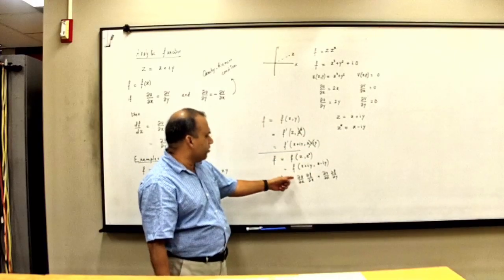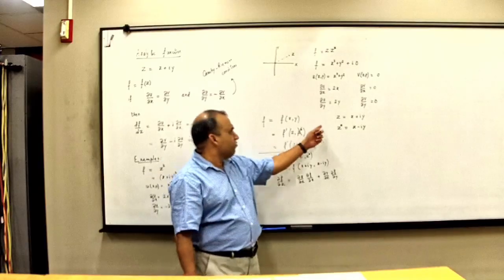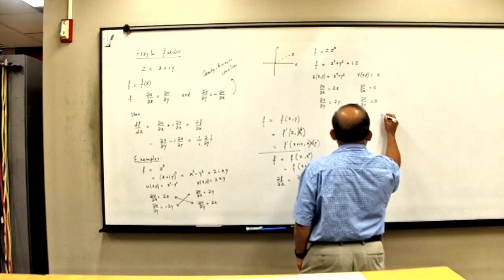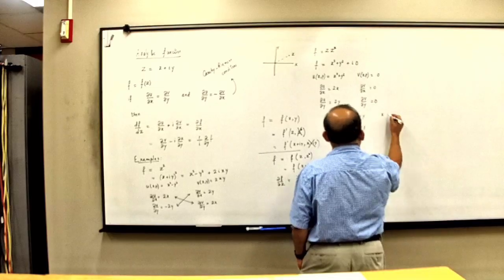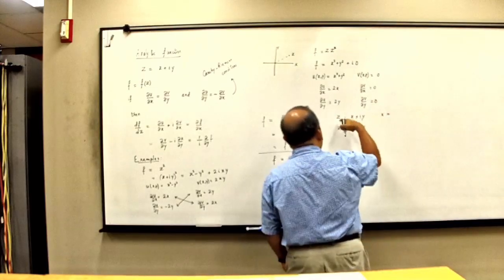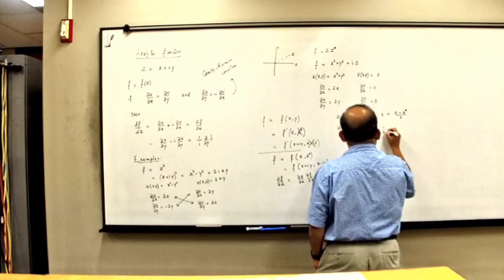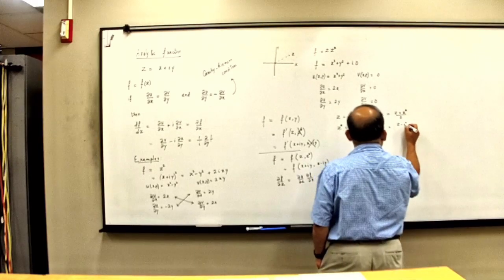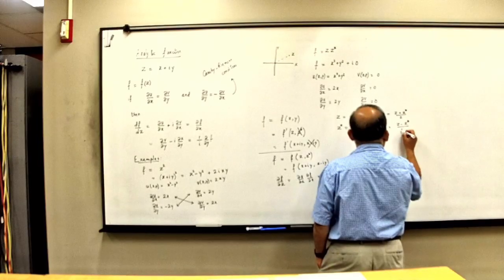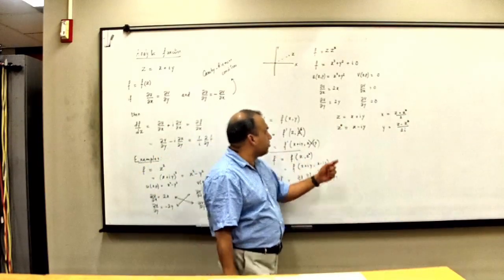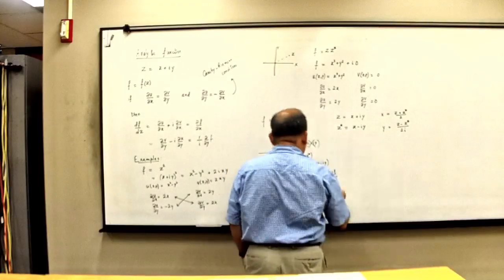What is the derivative of x with respect to z? For that I have to solve it. So solve this in terms of z and z star. x would be equal to, adding them up, z plus z star divided by 2, and y would be z minus z star divided by 2i. What is the derivative of x with respect to z? That's 1 over 2.